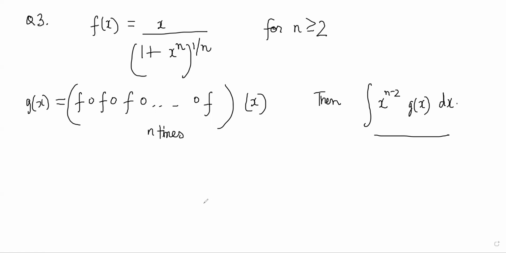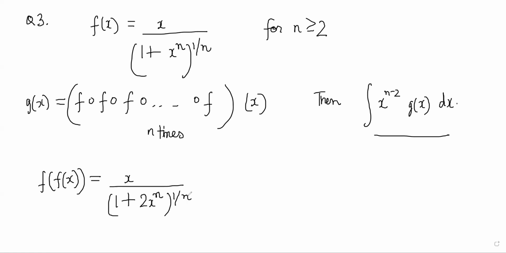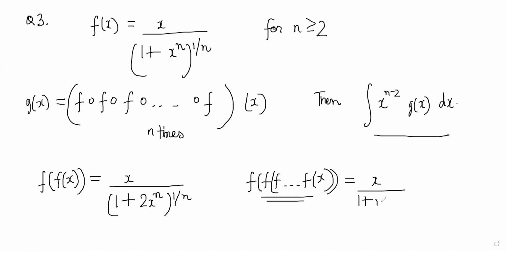Sir, I did f of x and I got x by (1 plus 2x to the power n) to the power 1 by n. So if you do it n times, you should get x by (1 plus nx to the power n) to the power 1 by n. But hmm, if you multiply the numerator by x to the power n minus 2, then it should be standard.